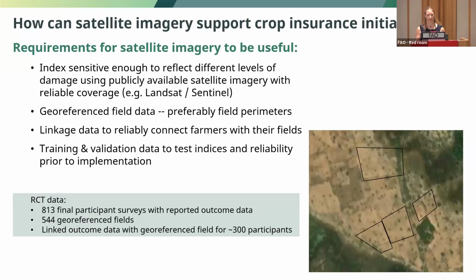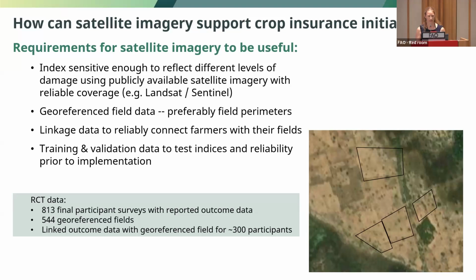So for satellite imagery to be useful, we need to have an index that is sensitive enough to changes in damage, and that needs to use publicly available satellite imagery, so generally Landsat or Sentinel. We also need georeferenced field data for the farmers, preferably in the form of field perimeters.